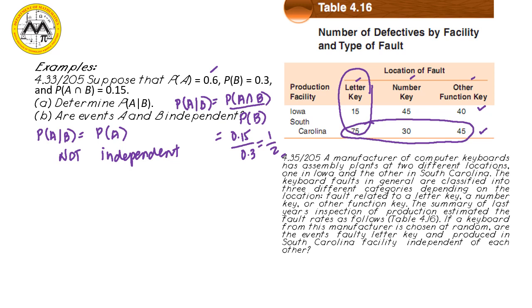So just to simplify, we can have P of A times P of B must be equal to the probability of A intersection B.